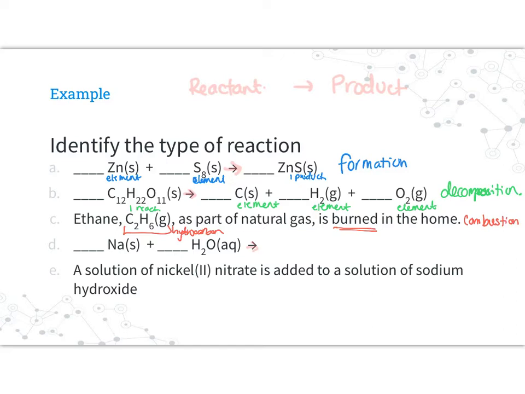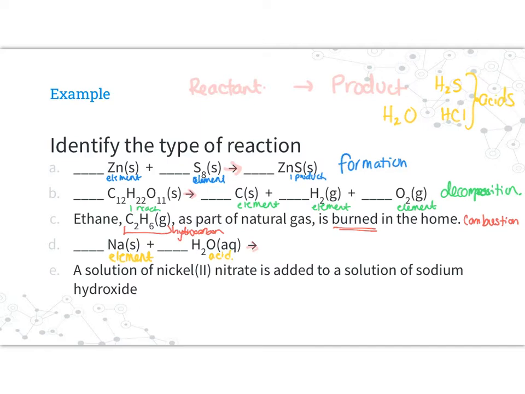The next reaction here, we have Na, which is a solid, so element, and water, which is technically a molecular compound, but it can look like an acid. I know that it seems weird to think about, but hydrogen mixed with other compounds like H2S or HCl, these are acids.